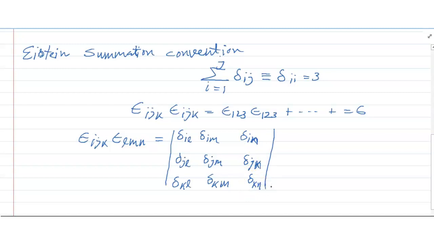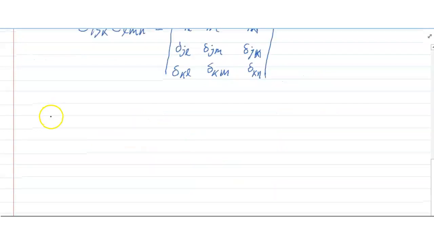This is the formula. The symmetry in the indices on the left is equal to the symmetry of the indices on the right.